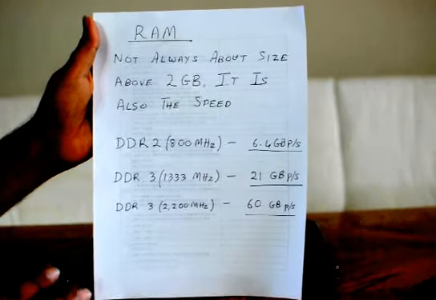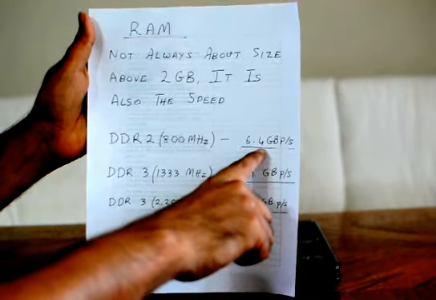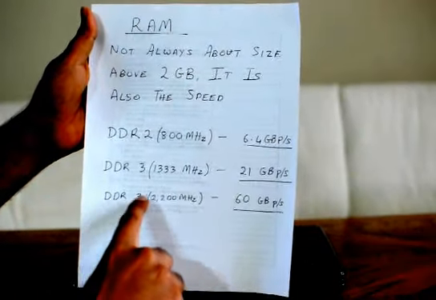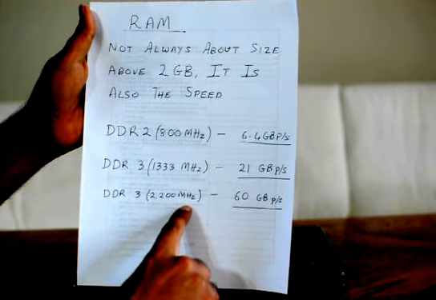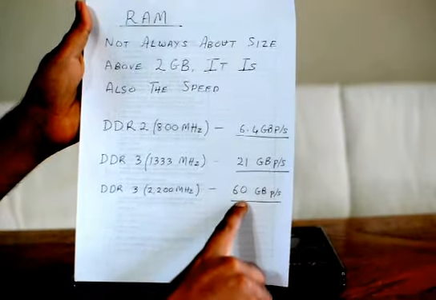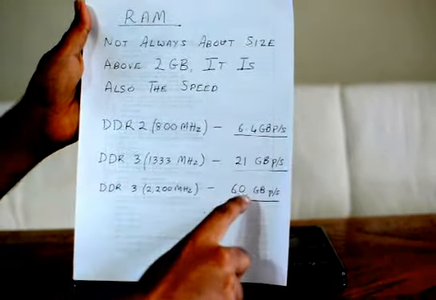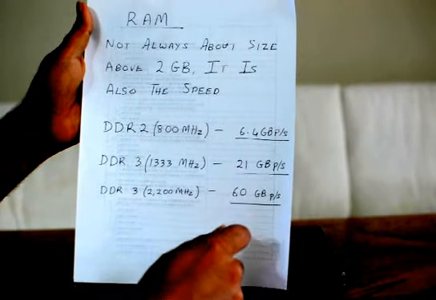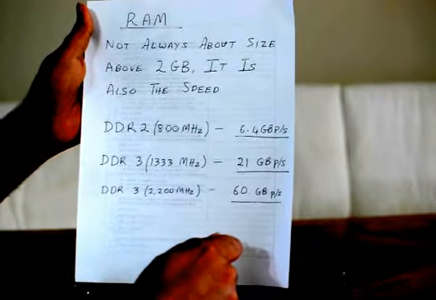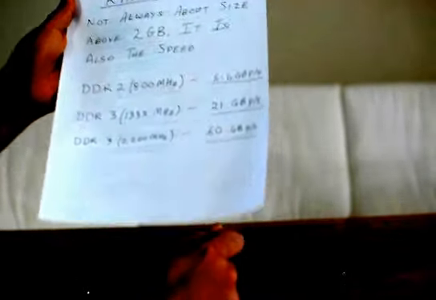To give you the kind of spectrum that exists, a DDR2 RAM at 800 megahertz gives you a throughput of around 6.4 Gbps, whereas a DDR3 at 2200 megahertz, which is a high-end RAM used in servers, will give you around 60 Gbps, which is about 10 times more. So based on where you lie in the spectrum, it will give a huge boost, and it is not always about the size. What if you have, let's say, 8 GB of RAM, out of which at any given time only 3 GB is being used?